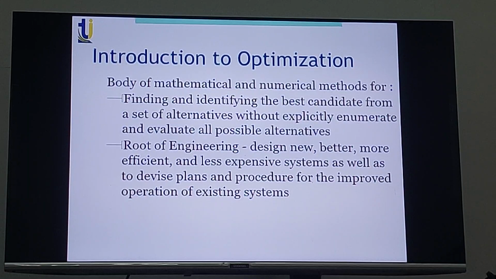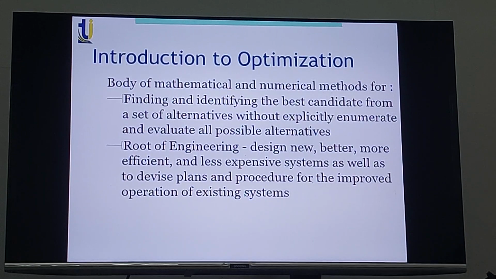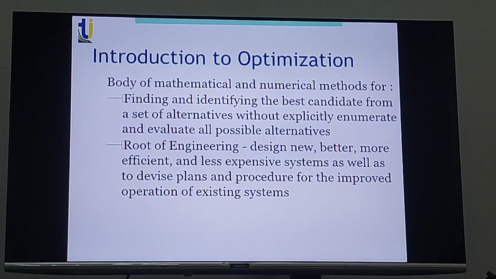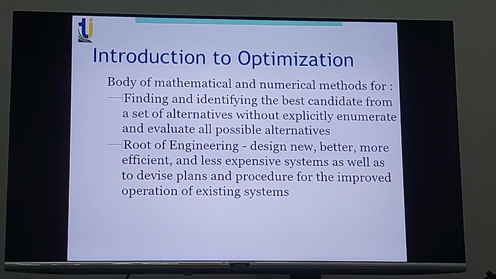Configuration means, for example, if I want to make a product, I need humans, I need machines, I need raw material, and other things. Say only these three, for example: human, machine, and raw material. So configuration means, to make 100 products, how many people do I need? How many machines? How much raw material to make a good product?